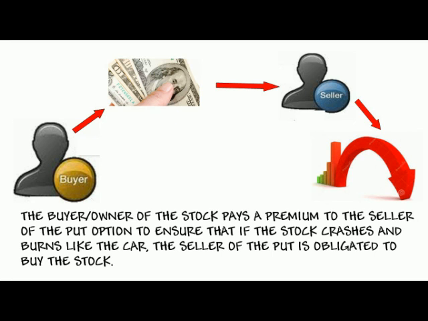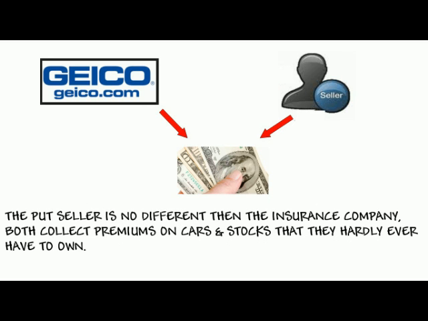Now, that sounds a little risky, but let's look at it a little deeper. In other words, being a put option seller is no different than being an insurance company, because you both collect premiums. The insurance company is collecting a premium just in case something happens to your car, they have to buy it.